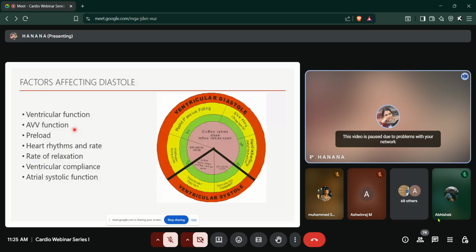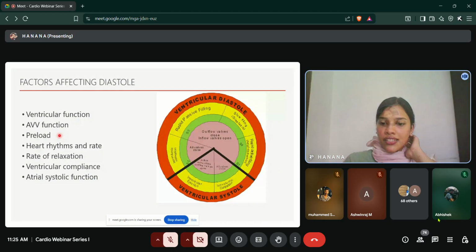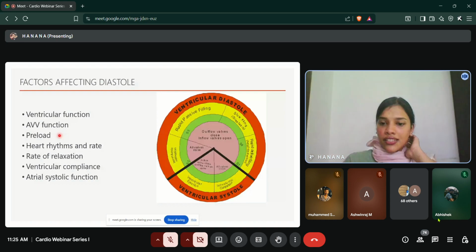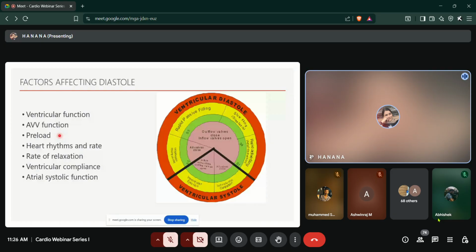And preload also affects the diastole, if the atria are not getting that much blood. And heart rhythm and rate: if the patient is having atrial fibrillation, the atria are not contracting. So in AF patients the diastole is incomplete, and only this much of the phases happen in atrial fibrillation.